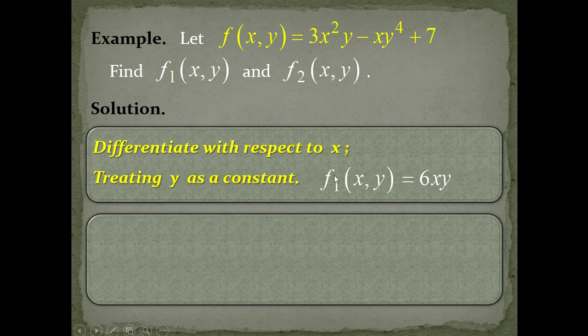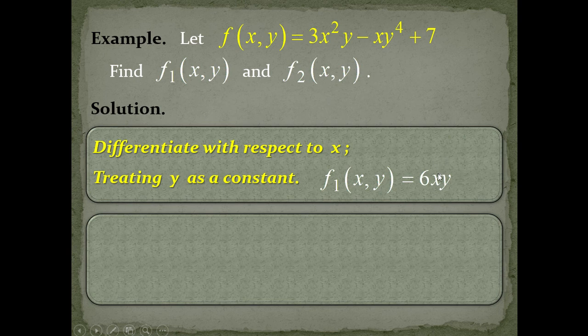The partial derivative of the function with respect to x, that is f1, equals: because y is treated as constant, you segregate 3y, then you just take the derivative of x squared applying the power rule. The 2 will go down, multiplied by 3, so it becomes 6, then the exponent is 1. So we have 6xy for the first term.